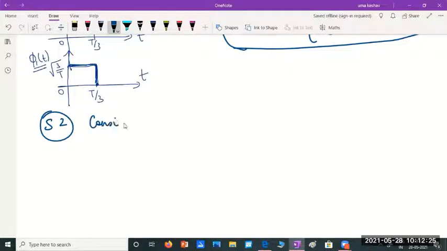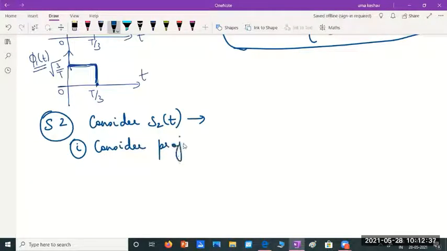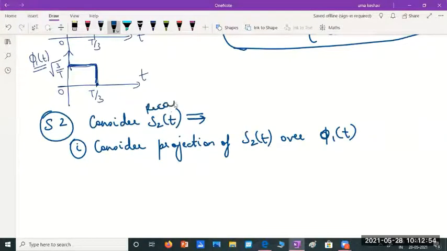Now consider signal S2 of t, and under that first consider, let me call it the projection of S2 over phi1 of t.